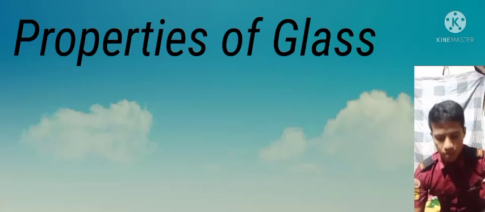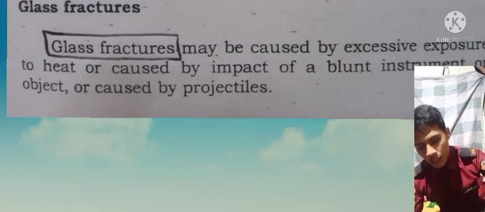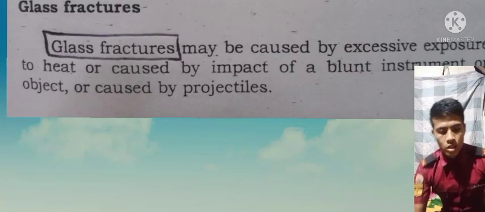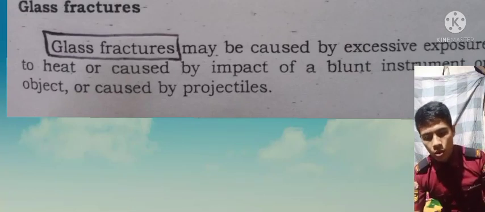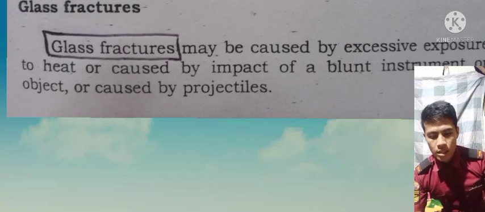In glass fractures, glass fractures may be caused by excessive exposure to heat, or caused by impact of a blunt instrument or object, or caused by projectiles.